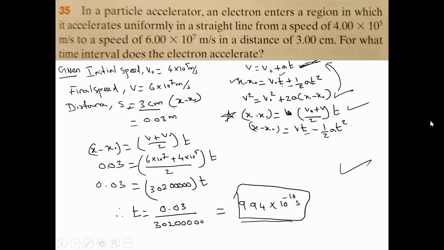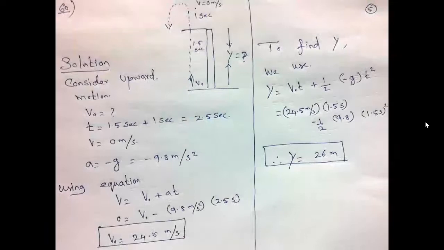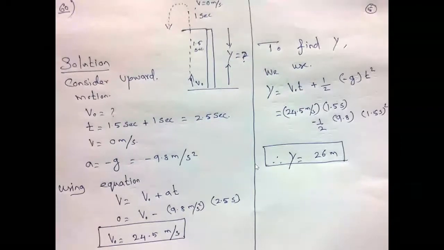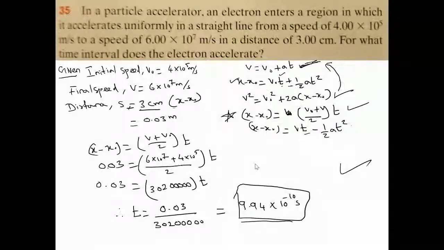Yes, because you make two steps, first finding V initial, while we can do it in one step. No problem. You can use any equation. If you have all the values and use the particular equation, you will get the same answer. For example, even here, if you use the fifth equation, you will get the same answer.